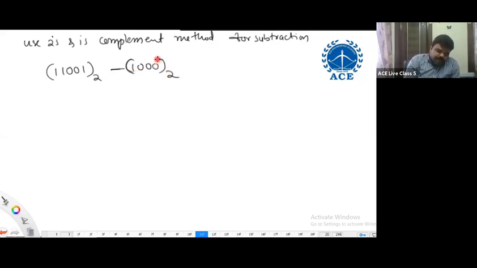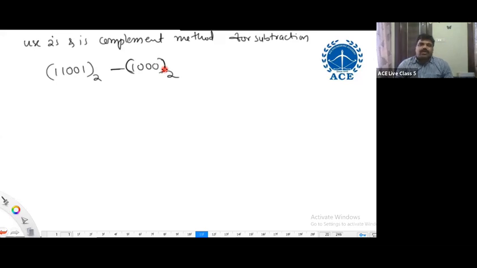Subtract these unsigned binary numbers using 2's complement and 1's complement method. One information about this topic, they won't ask you to subtract in objective exams.